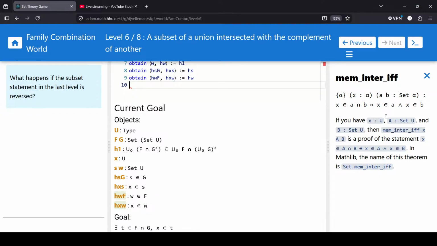Oh, is there a way to prove that W is G's complement or something? I mean, no, that's clearly not the case.